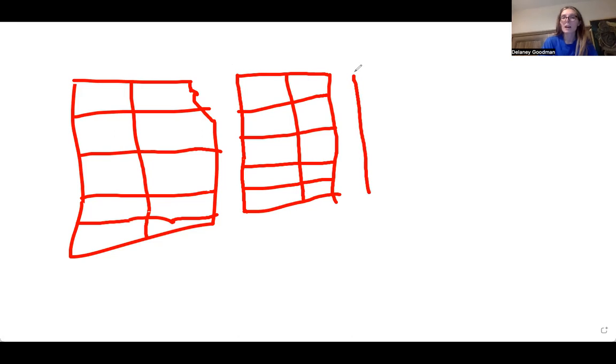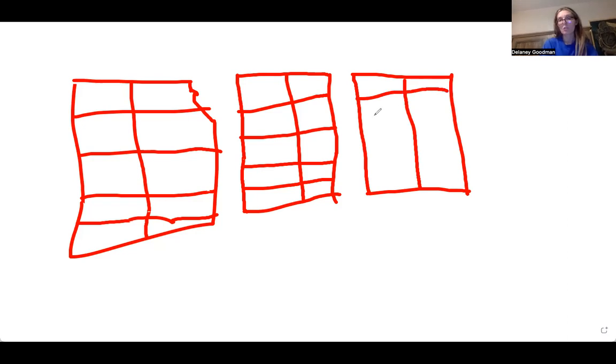As I'm doing this, I want you to follow along with me, okay? So you are going to have your 10 frames and you are going to have your snap cubes. If you do not have these already, I want you to go ahead and go get them, okay?